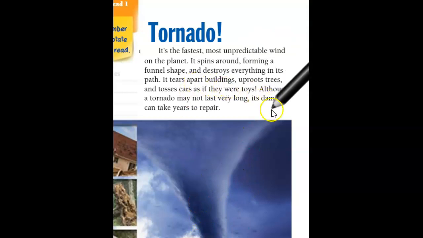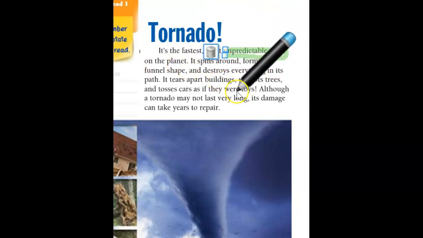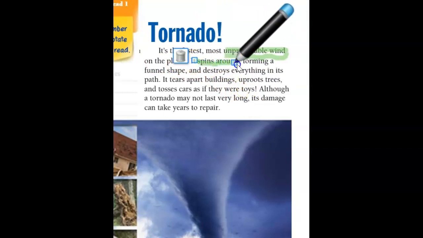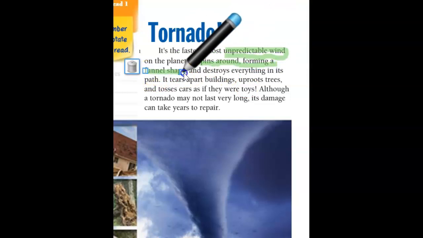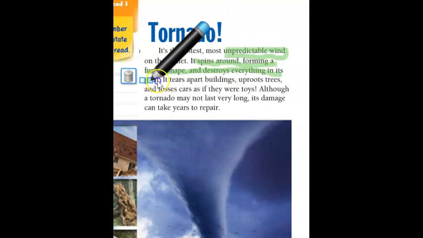That's a fact. Well, why do they do that? You could put that its winds are unpredictable. You can put it spins around, forming a funnel shape and destroys everything in its path. So either of those will work.